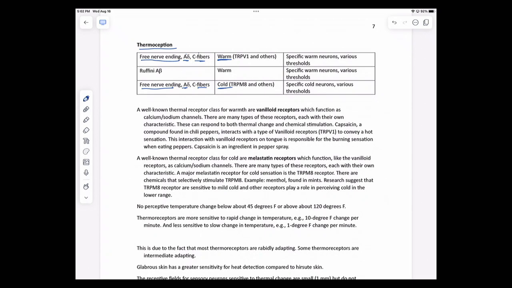I'm just happy for you to understand that the dominant players for thermoreceptors and fiber types are going to be free nerve endings, A deltas, and C fibers, both for cold and warm.